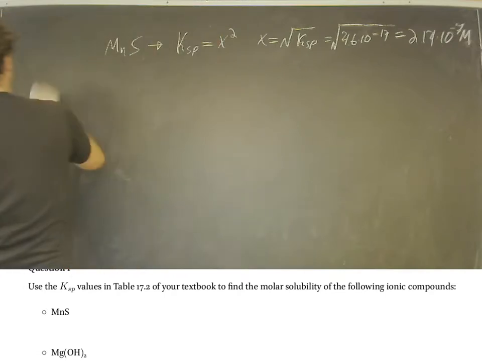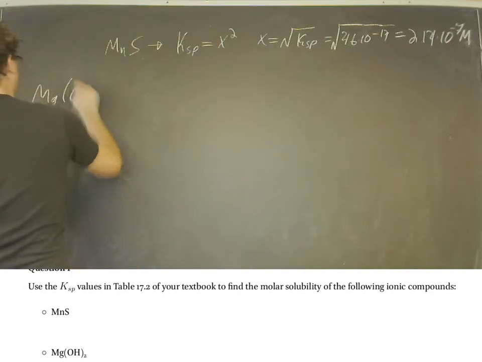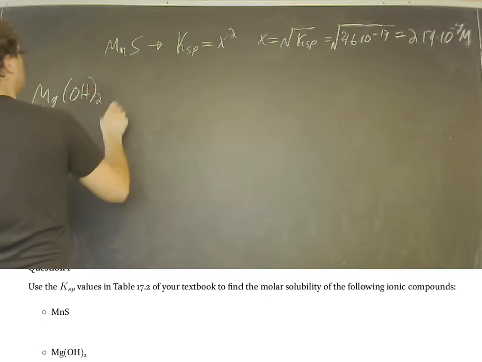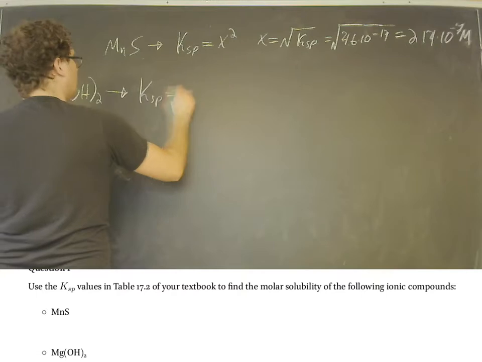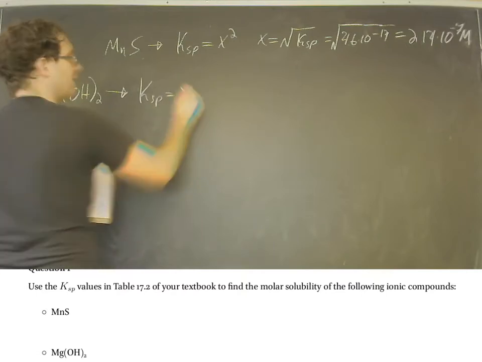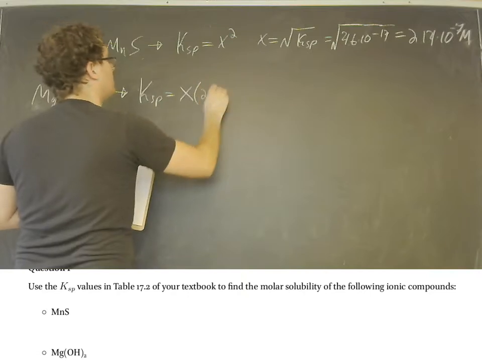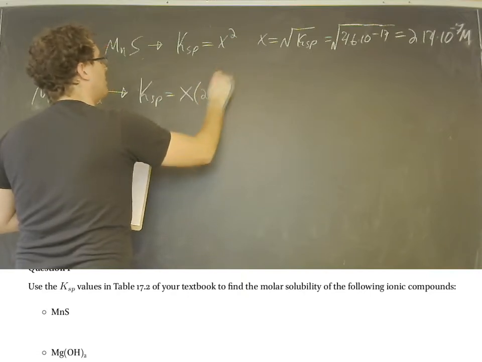So let's look at now the magnesium hydroxide, Mg(OH)2. For this one, the KSP is going to equal the magnesium concentration, that'll be an x, and then the hydroxide concentration is a 2x, and that will need to be squared.